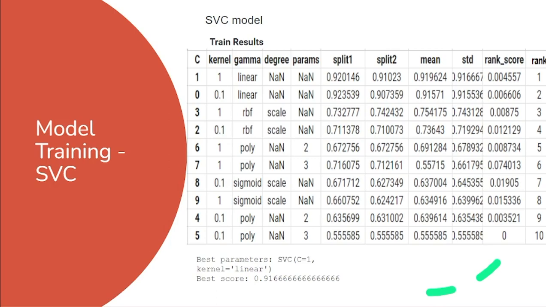After running, we got the SVC result. The configuration where C equals 1 and kernel equals linear achieved the highest accuracy of 91%. It performed the best on average across different cross-validation folds.